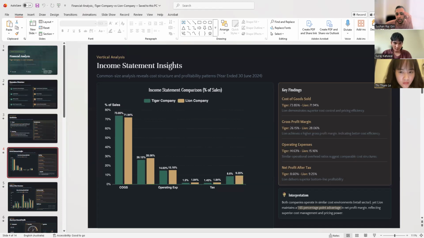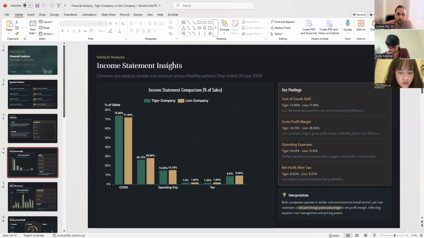Purpose and methodology. The primary purpose of this analysis is to compare Tiger Company and Lion Company, which operate in the same industry, in order to identify their relevant strengths, weaknesses, and investment potential. Our analysis is based on financial data for the year ended 30 June 2024.